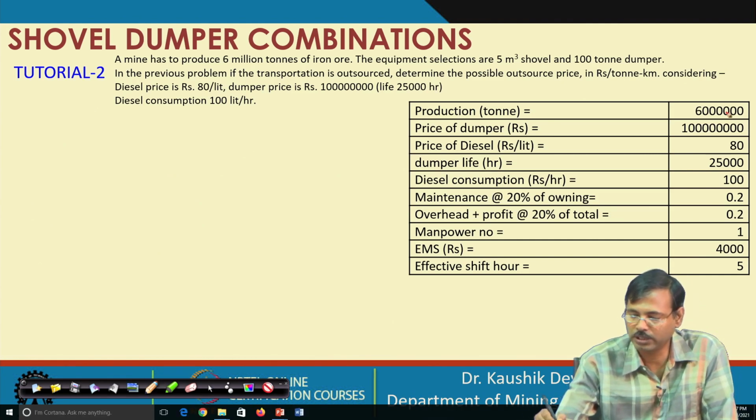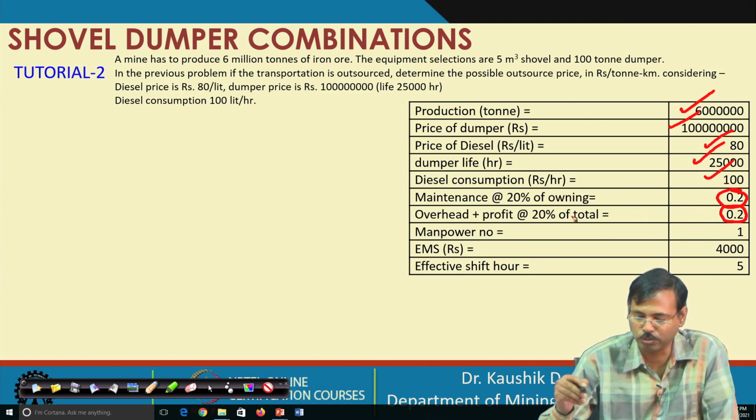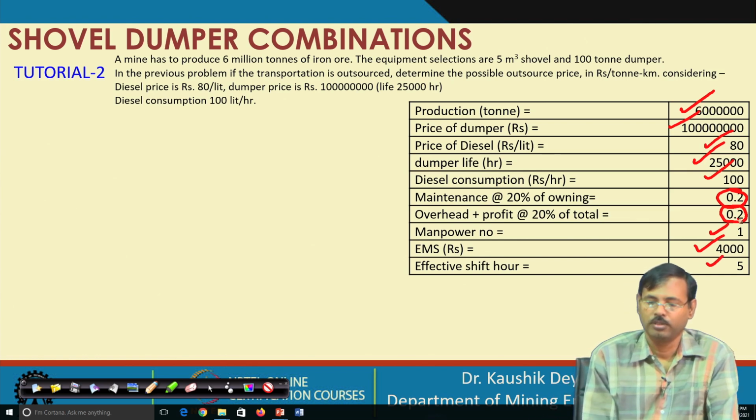So, our production target is given, price of the dumper is given, diesel price given, dumper life given, diesel consumption rate given. We are considering maintenance is 20% of the owning cost, and profit and overhead cost we are considering 20% of the total cost, which is coming except this one. Manpower, one dumper needs one manpower only, and DMS is considered 4,000 rupees, effective shift hour is considered 5 hours available in one shift.